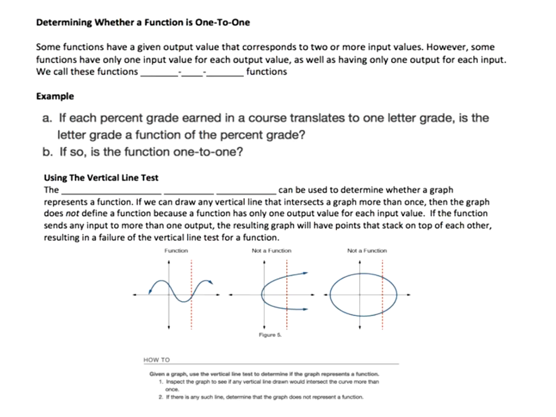However, some functions only have 1 input value for each output value, as well as having only 1 output value for every input. We call these functions 1 to 1.